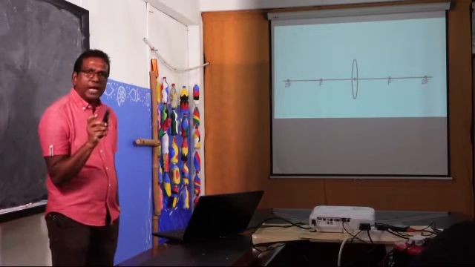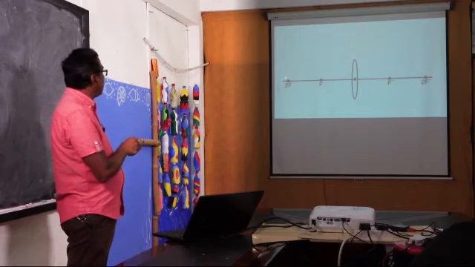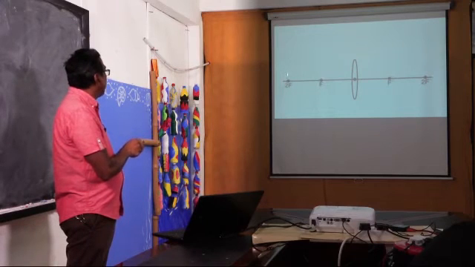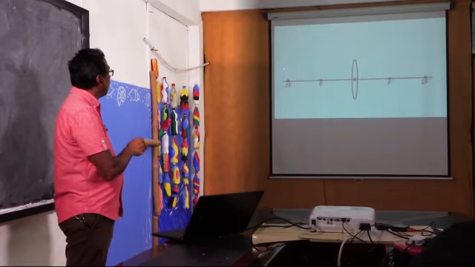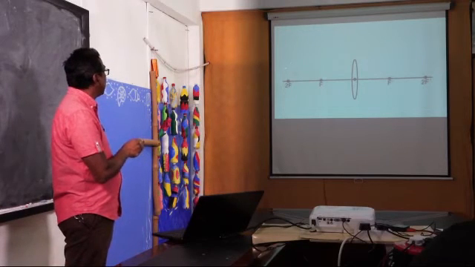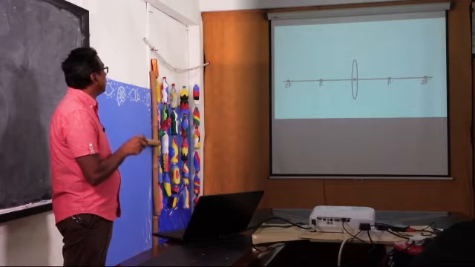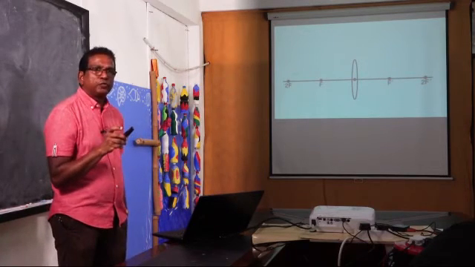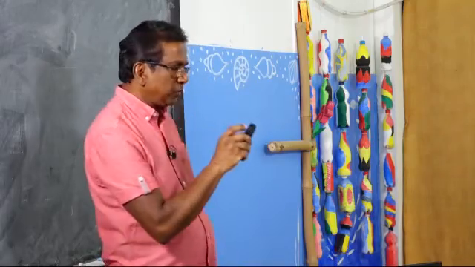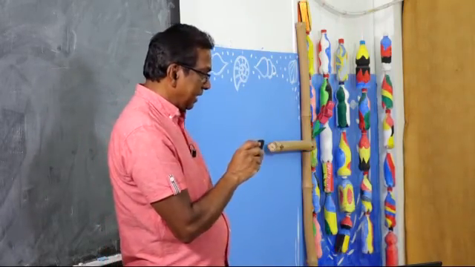You will draw another diagram when you put your object on 2F. Again, same things. One line through the optical center and undeviated, one parallel, deviated through F. You will see the position of the image when the object is placed at 2F. This is a second instance.